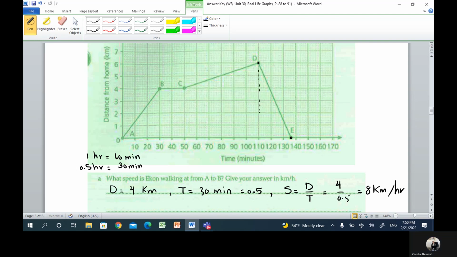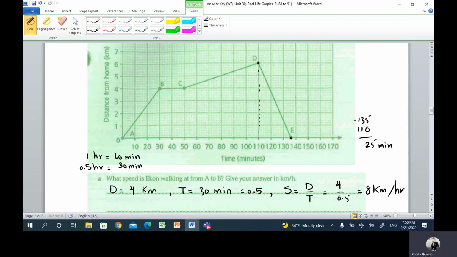The starting point at 1:10 and then the ending point, let's say approximately at 1:35. So from 1:10 to 1:20 is 10 minutes, and from 1:20 to 1:30 is 20 minutes. So let's say 25 minutes.